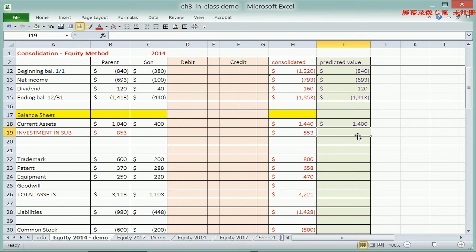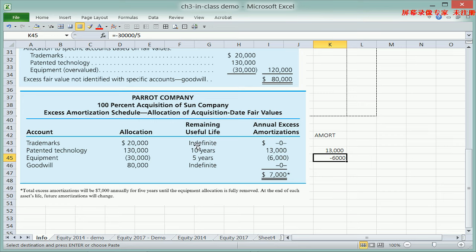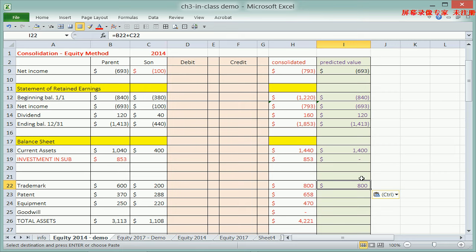The consolidated investment, similar as before, should be 0, and trademark would be the parent's plus the subsidiary's. But we have differences in fair value, that's 20,000. We need to add the 20,000.